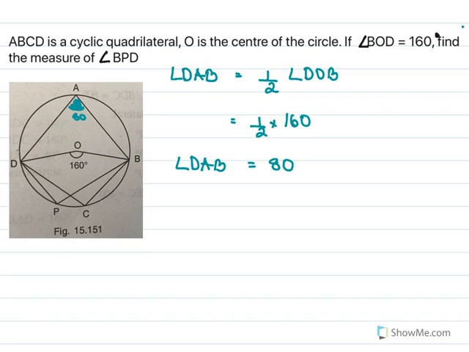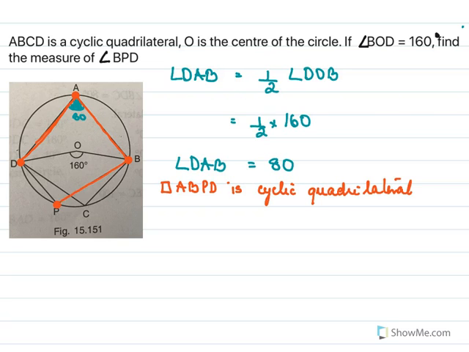The next part we have cyclic ABPD. So quadrilateral ABPD is cyclic. Now if it is cyclic, opposite angles is 180, supplementary. So let's join them. ABPD is cyclic.